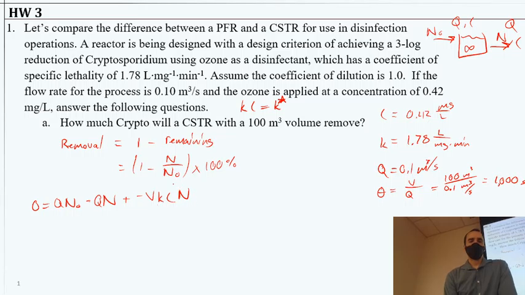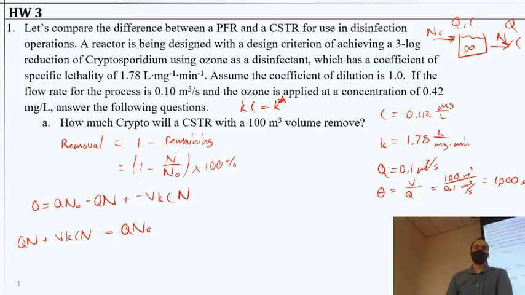However, that's how we got it, and so here we essentially just need to simplify, solve for N over N naught, and then take 1 minus that. So I'm going to put the N terms on the left. We'll have Q N, and we'll add the other part over, plus V K C N equals Q N naught.